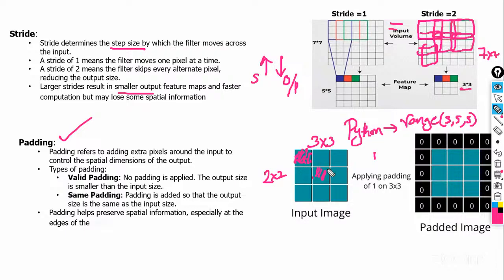So that means for this cell, the value in this cell is being included in the convolution operation 4 times. But the value in this particular cell is being used for only once. So what is the purpose of padding?